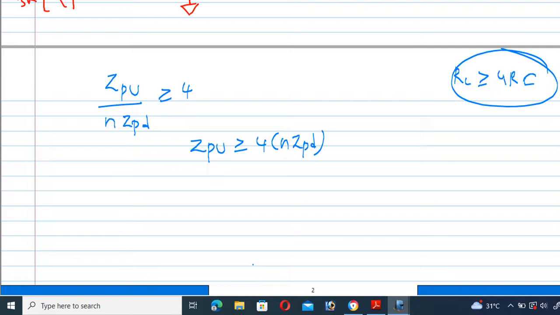So what are some of the conclusions? What happens is that the ratio of ZPU to the sum of all ZPD must be at least 4:1.